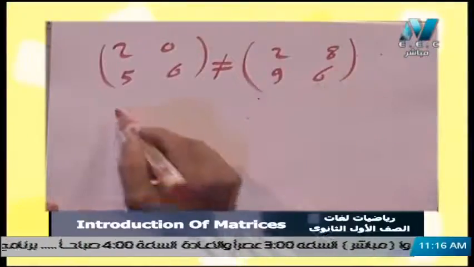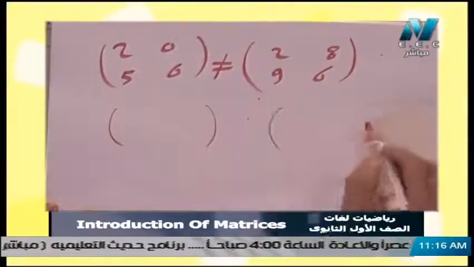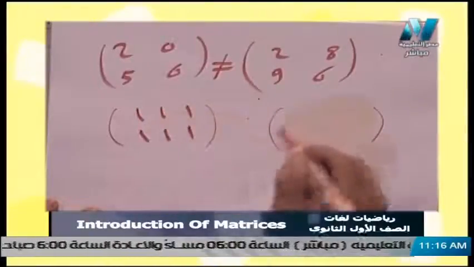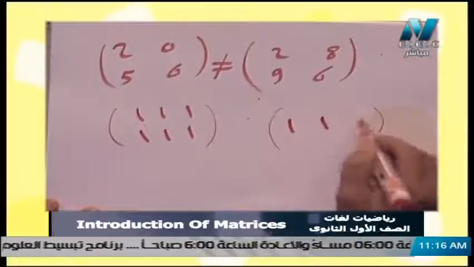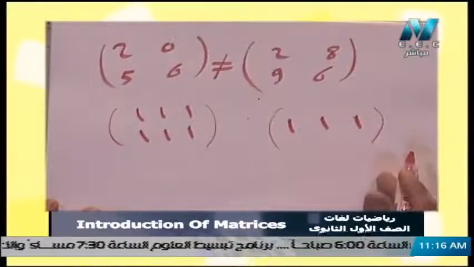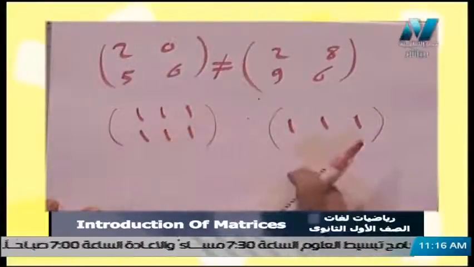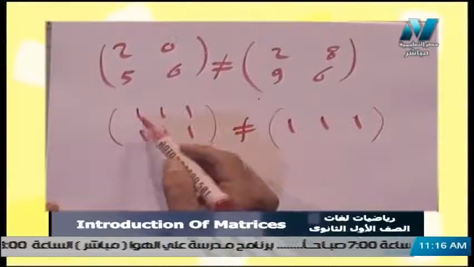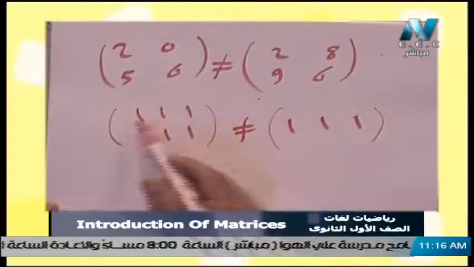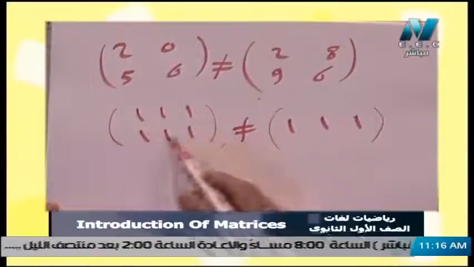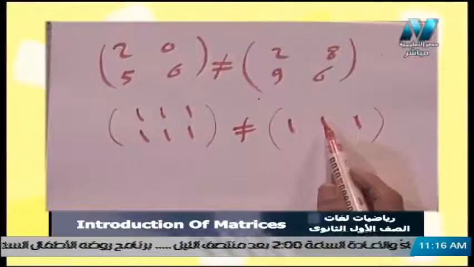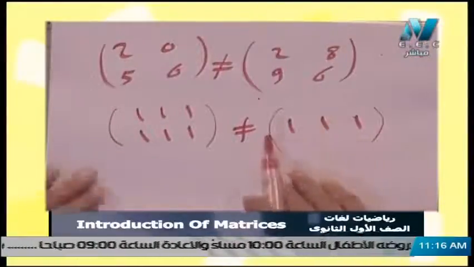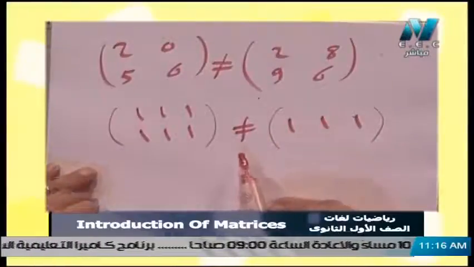And if we have two matrices like that, 1, 1, 1, and this matrix equals 1, 1, 1, they have only ones. But is this matrix equal to this one? Of course not, because here we have two rows, but here we have just one row. Okay, let's move to another example.